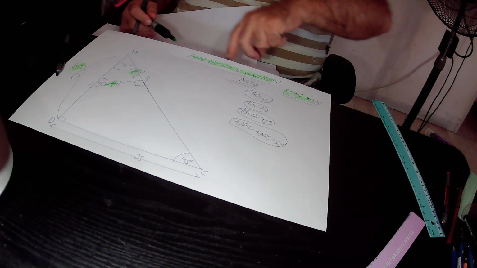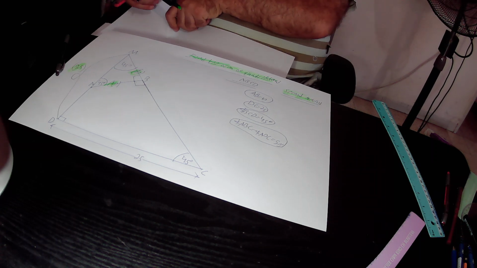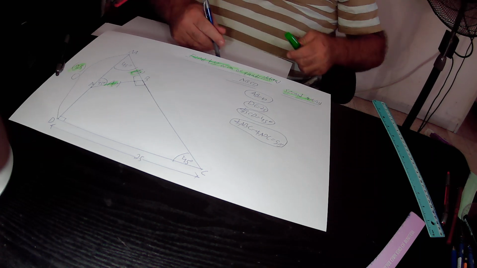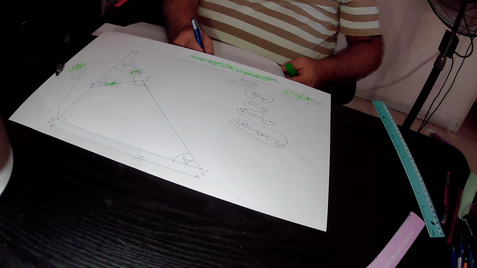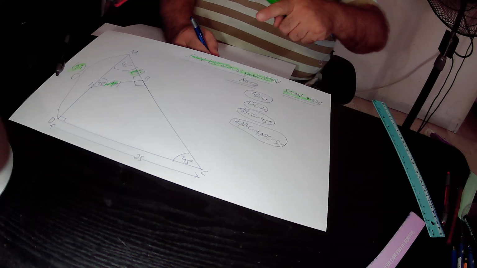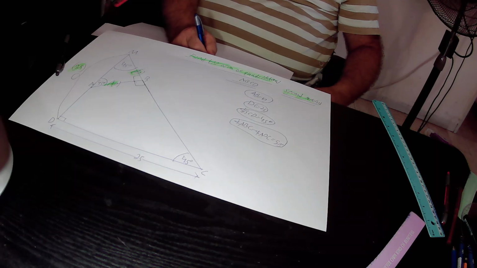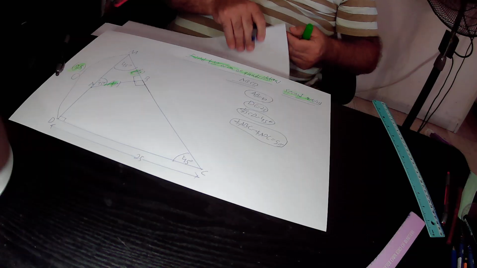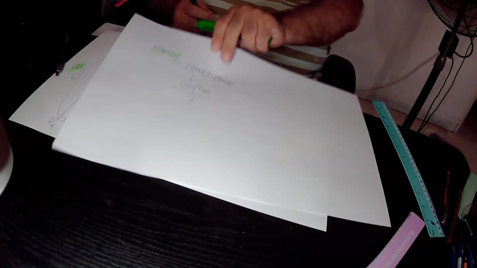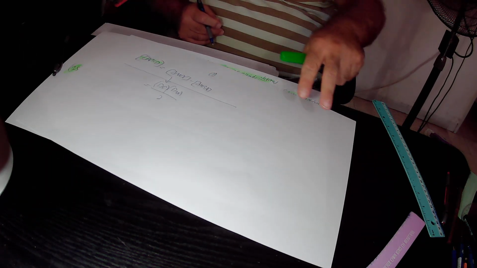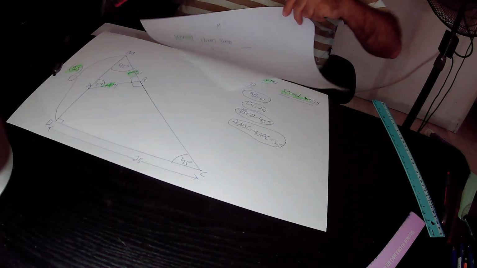The area of the big right triangle MDC equals the base DC times the height DM over 2, minus the area of this right triangle MBA.